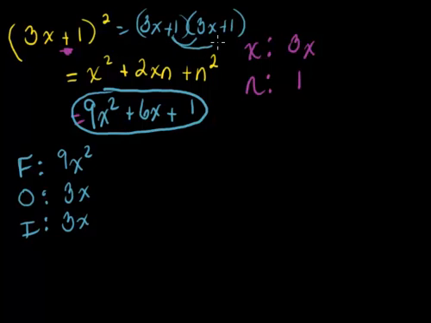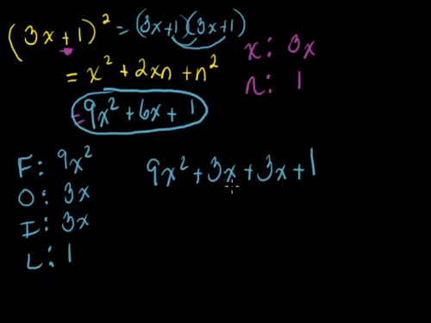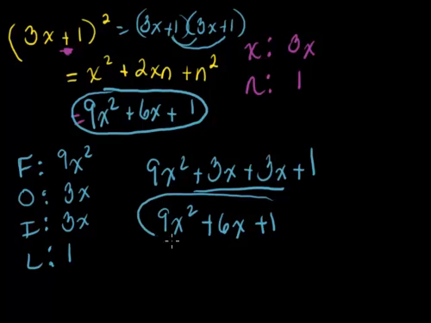And then the last terms are 1 times 1. Combining this, you get 9x squared plus 3x plus 3x plus 1. Combine the like terms to get 9x squared plus 6x plus 1. And that is another example for squaring a binomial.